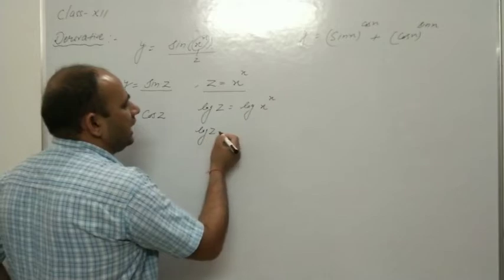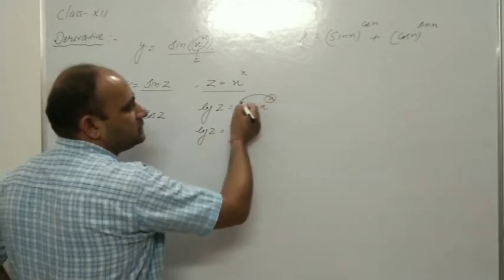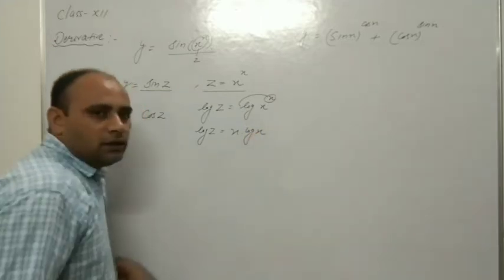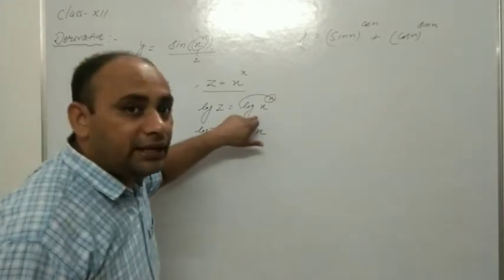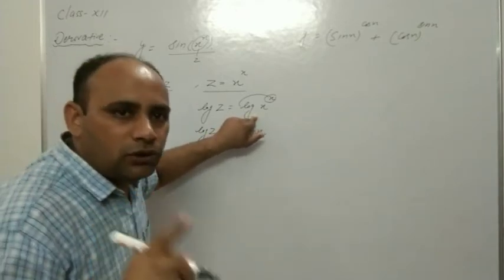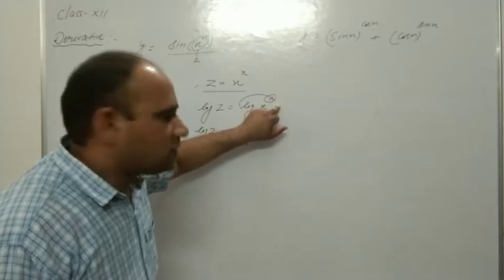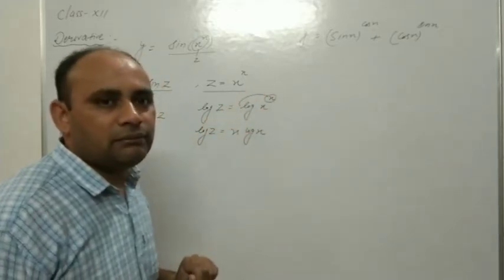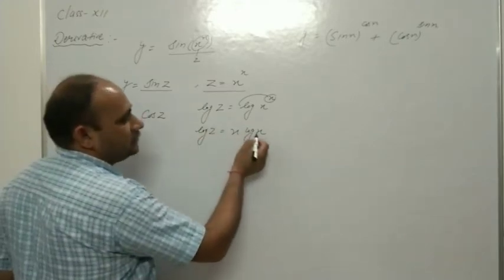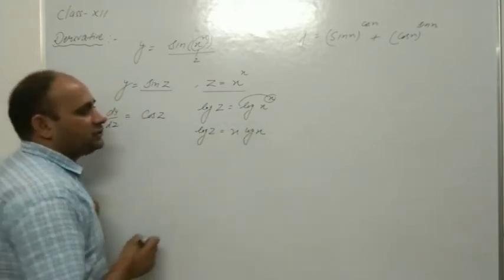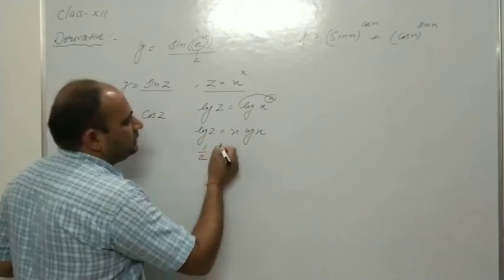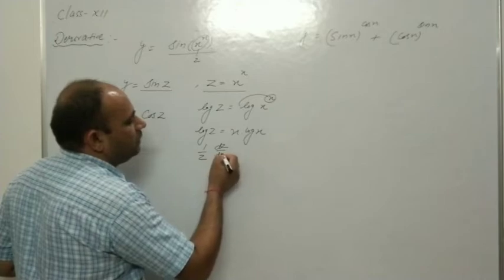Now in log z, the power x changes into multiplication. Okay, this is not the derivative concept, this is about log. Log has this property: the power of the function comes out in multiplication. So log z is x into log x. Now differentiate: derivative of log z is 1 by z and dz upon dx.